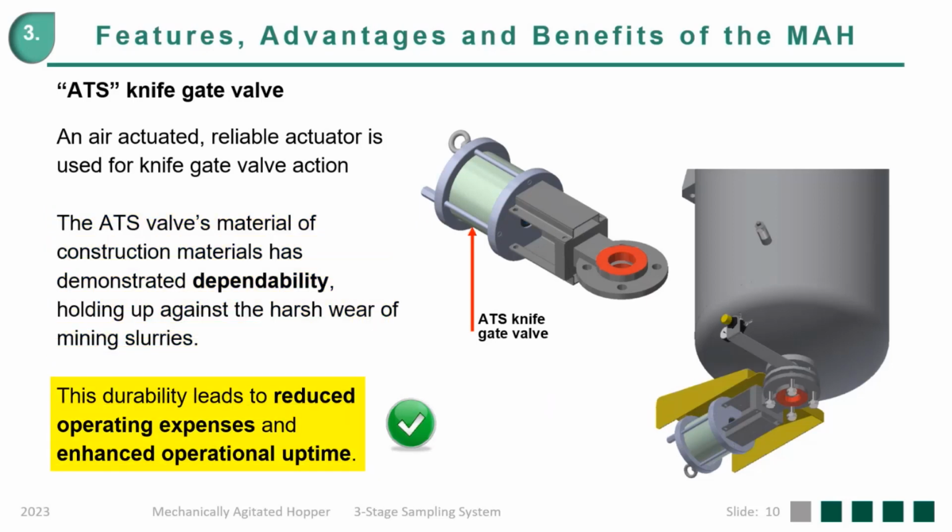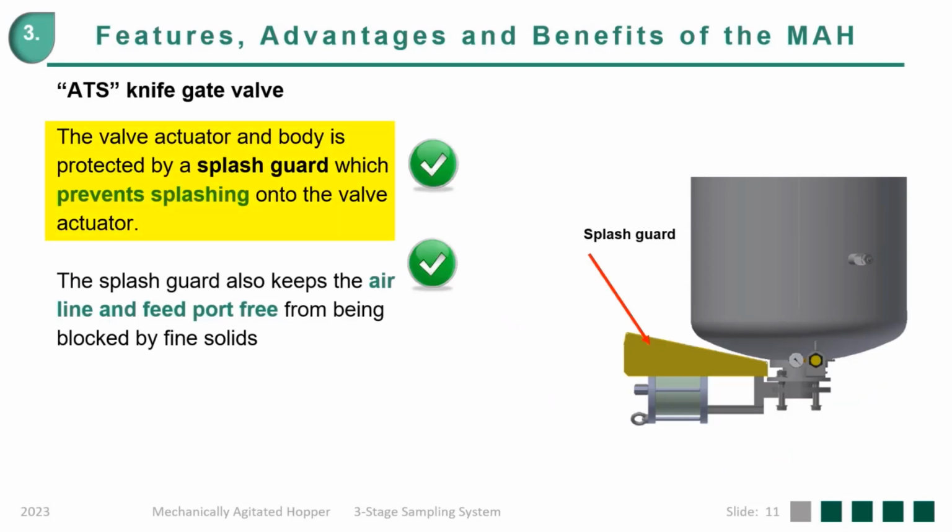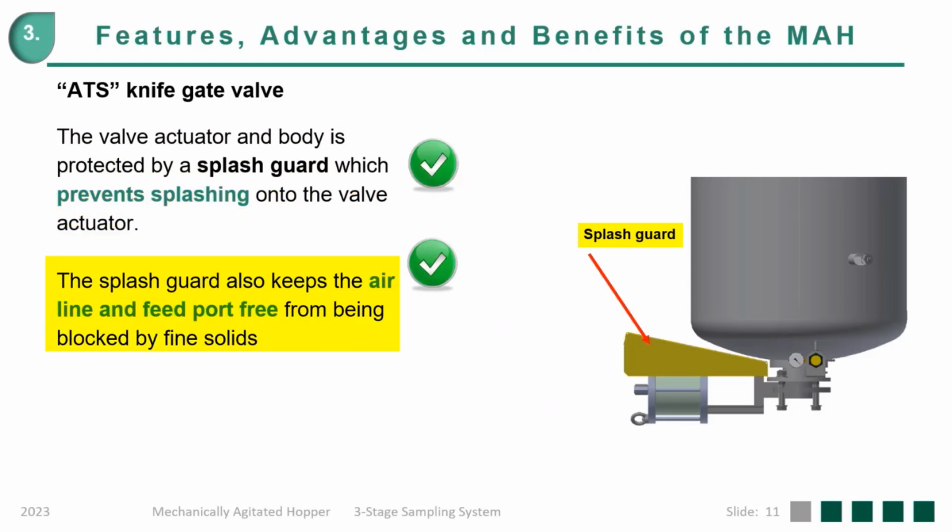This durability leads to reduced operating expenses and enhances operational uptime. The valve actuator and the body are protected by the splash guard, which prevents splashing onto the valve actuator. As you can see, the splash guard is in yellow with the arrow. The splash guard also keeps the air line and feed port free from being blocked by fine solids.